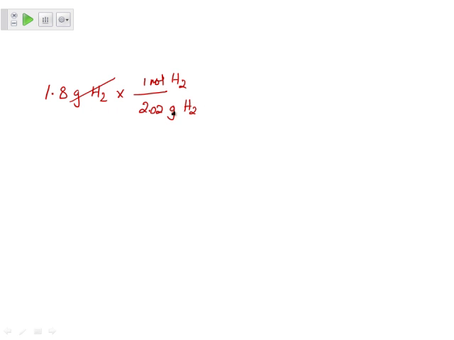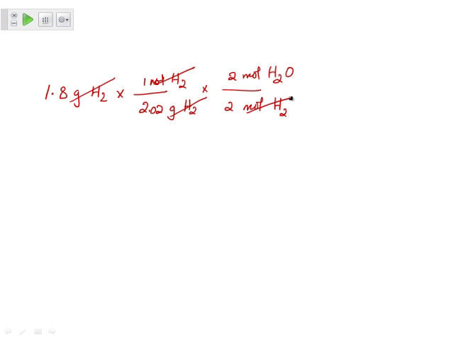So that step is the same, converting the given mass to moles. So we are starting at moles of hydrogen. Now we are going to use the mole ratio. This time what mole ratio are we using? 2 moles of H2O to 2 moles of H2. This time we are looking at the water and hydrogen mole ratio. So 2 moles of H2O per 2 moles of H2.